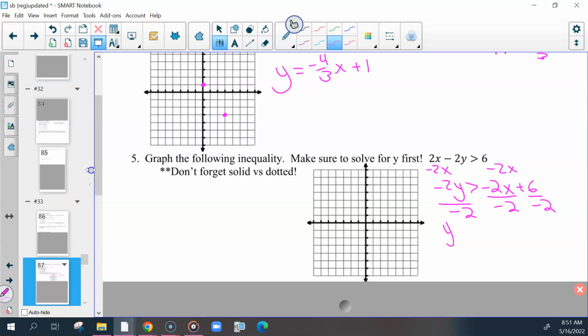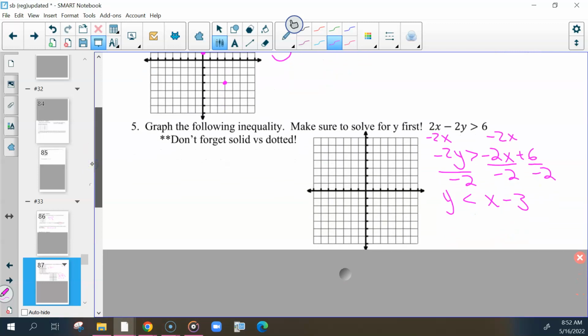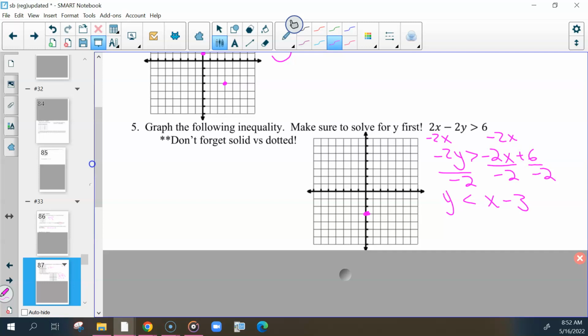Guys, focus. So our y-intercept would be at negative 3, and our slope would be 1. This would be a dash or a solid line. Either above or below. So below would be underneath this, everything here.